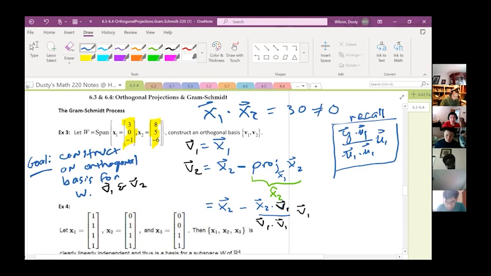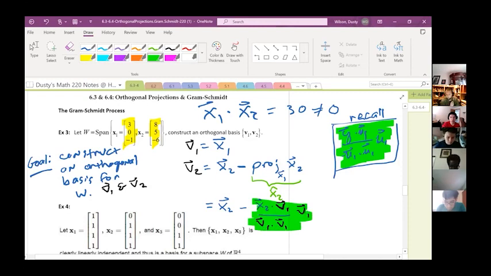So if you think about this formula right here from the previous section, it's basically analogous to that formula there. And so this would be like saying your z vector is just going to be this one minus that one. So let's actually do it and see how it all works.